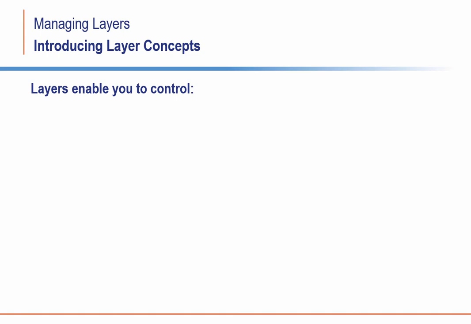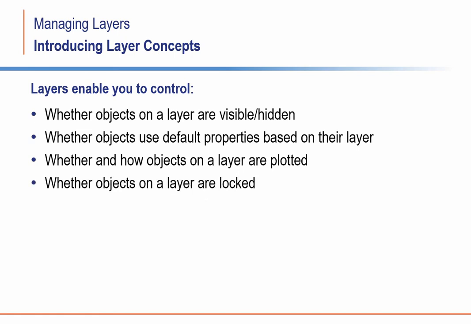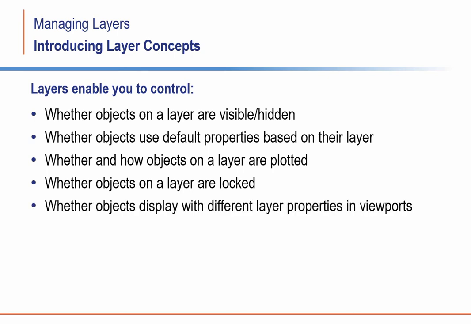With layers, you can control the following: whether the objects on a layer are visible or hidden, whether objects use the default properties such as color, line type, or line weight for the layer, or whether object properties are assigned individually for each object, whether and how objects on a layer are plotted, whether the objects on a layer are locked and cannot be modified, whether objects display with different layer properties in individual layout viewports.